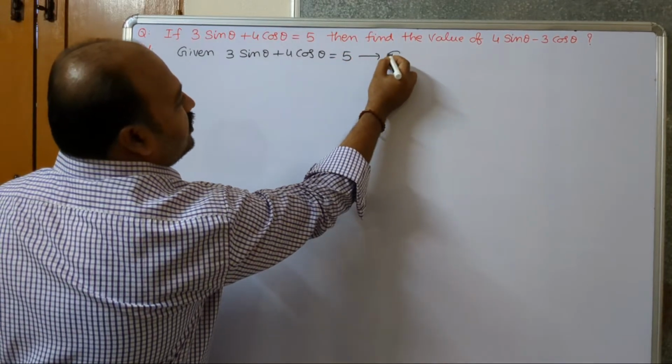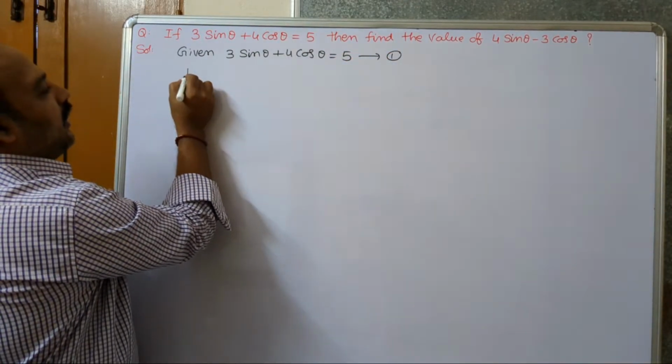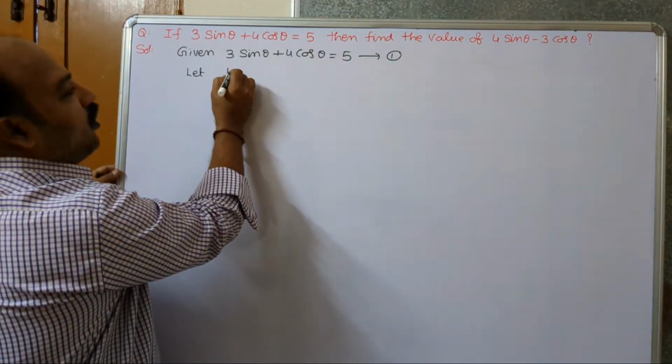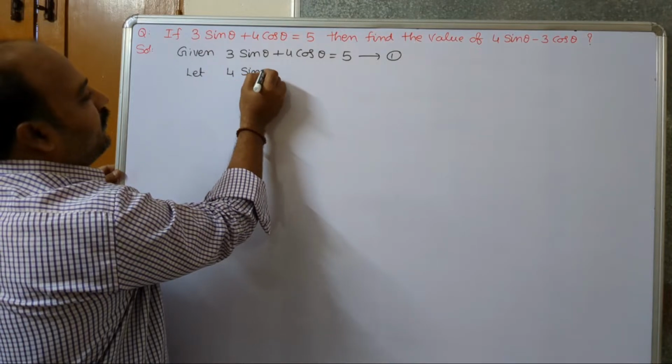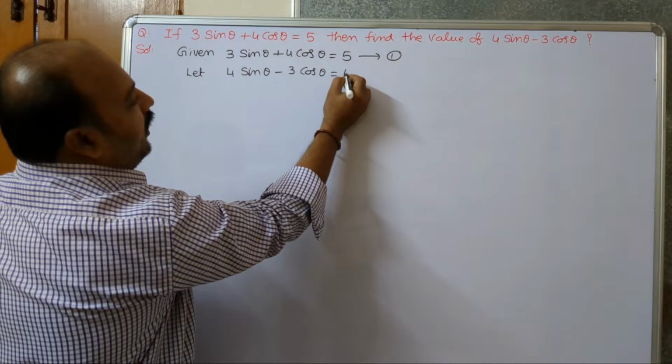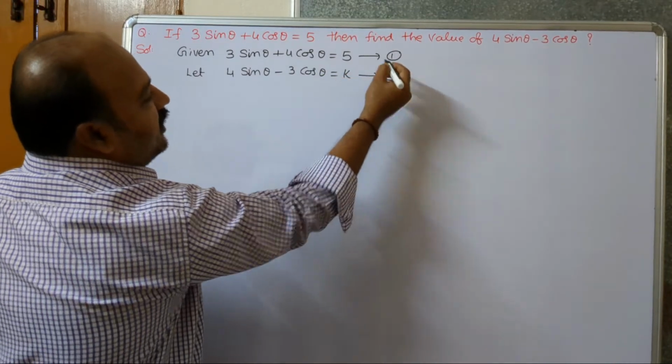You put that as equation number 1, and whatever we are going to calculate, 4 sin theta minus 3 cos theta, let it be equal to k. You can assume that as k. We don't know the value.